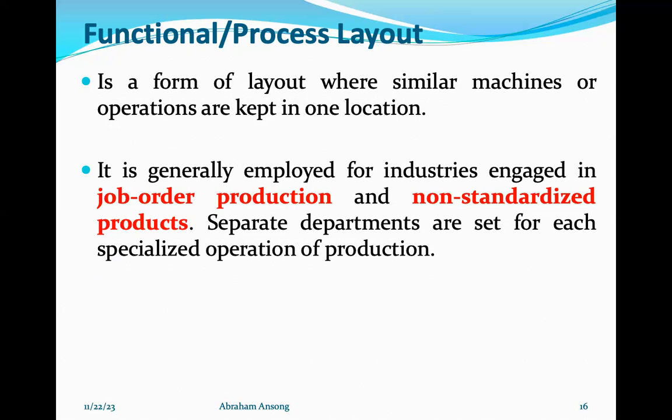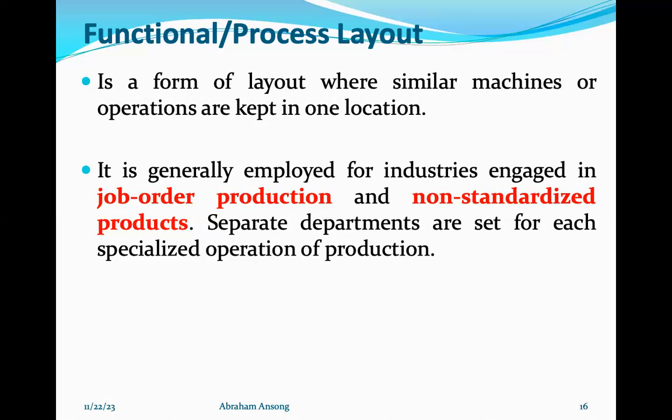So if you take, say, furniture, normally you go from cutting, then joining, then polishing and finishing. With job order or functional process layout, you bring together every machine that is needed for cutting at that particular point.